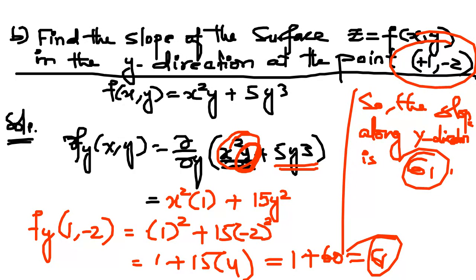Okay, good. So this is how you can find the partial derivatives of any function. Whether it is given that you have to find the partial derivative or the slope of the function, they have the same meaning, so don't confuse.